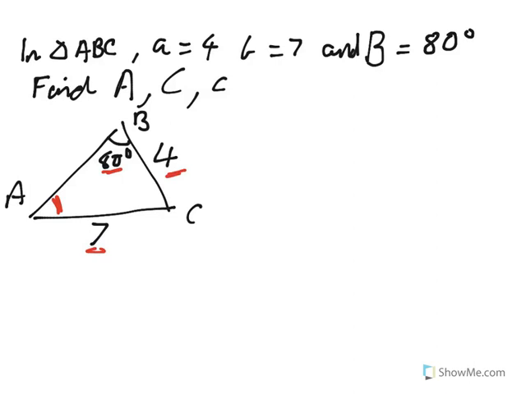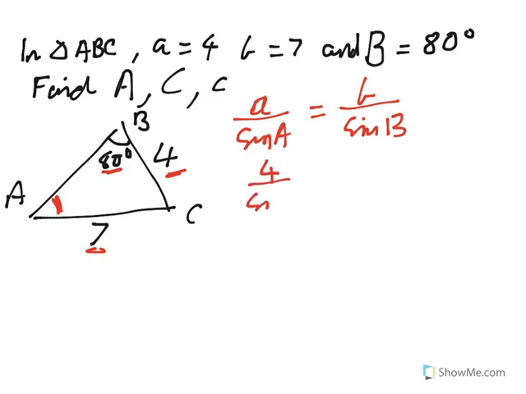So what we would look at taking is a on sine A equals b on sine B. Alright, and put in the numbers, so we've got 4 on sine A equals b, which is 7 over sine 80.